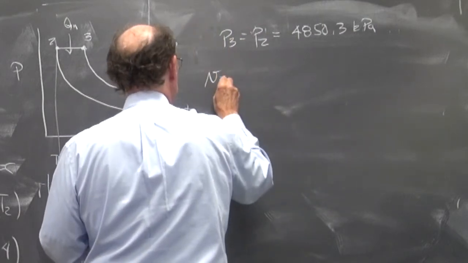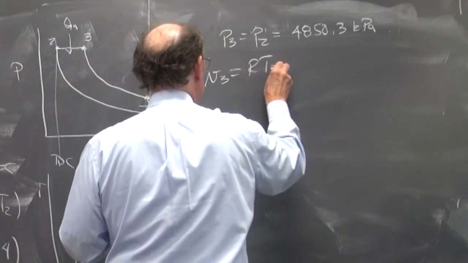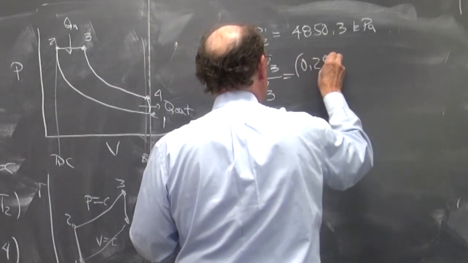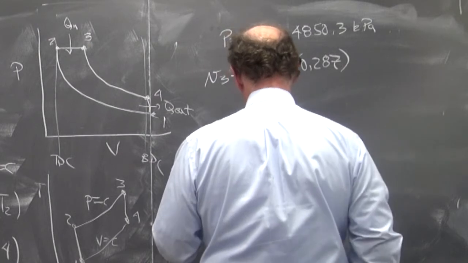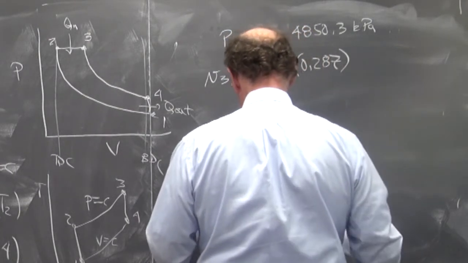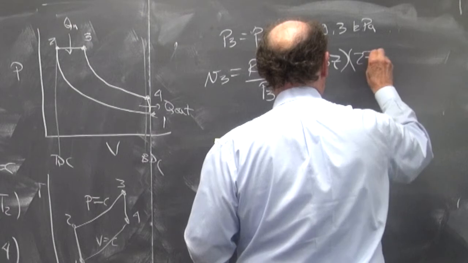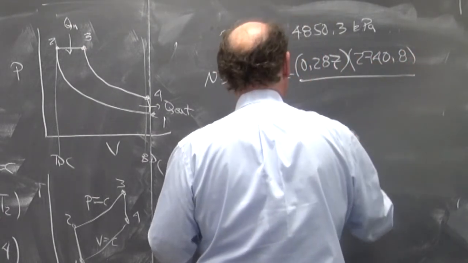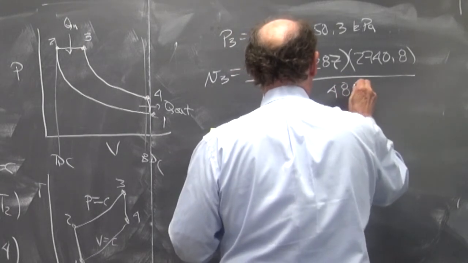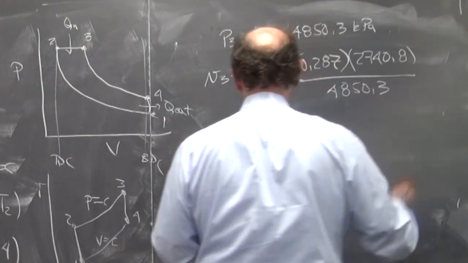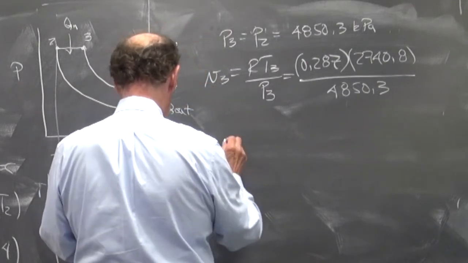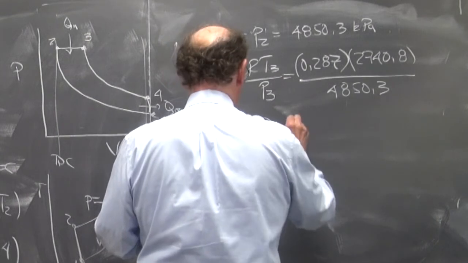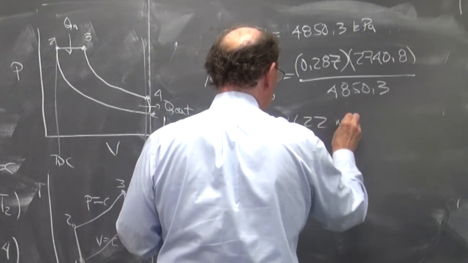V3 is R T3 over P3, 0.287 times T3, 2740.8, divided by P3, 4850.3, and I get that V3 is 0.1622 cubic meters per kilogram.